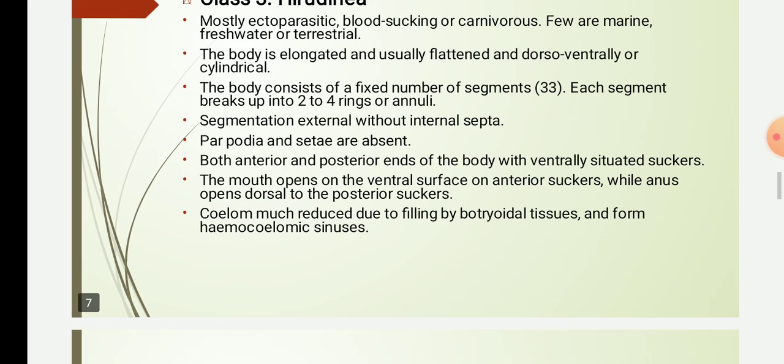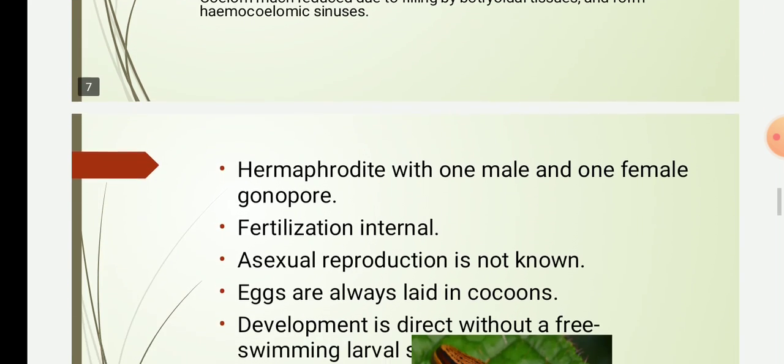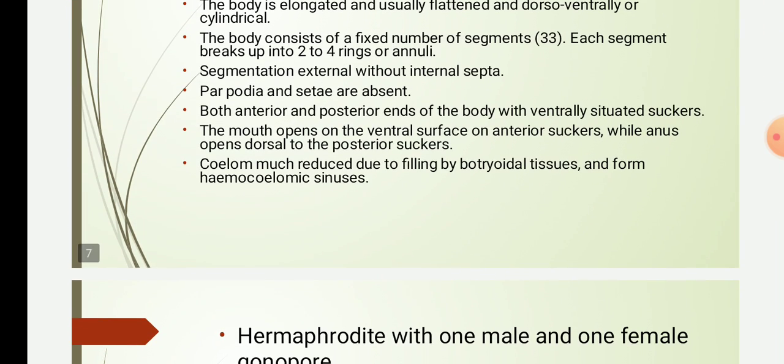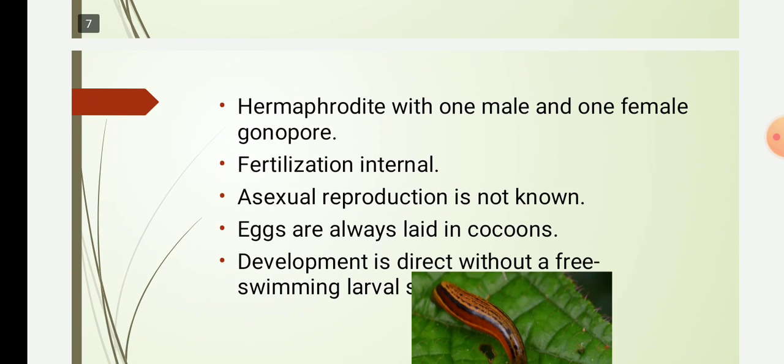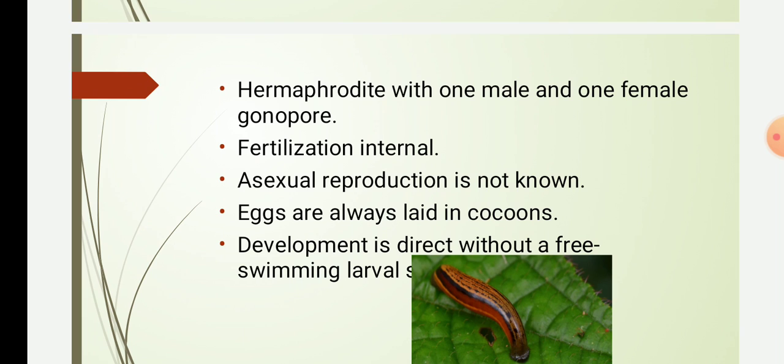And the hemocoelomic sinus is a body cavity that contains blood or hemolymph. Here blood is not present, so hemolymph or coelomic fluid is present, and it functions as part of the circulatory system. They are hermaphrodite with one male and one female gonopore.